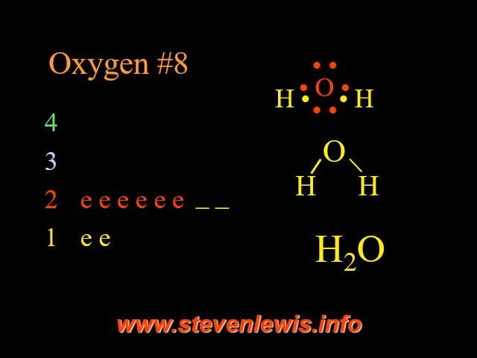By sharing electrons with 2 hydrogens, oxygen has achieved a more stable electron configuration. We can symbolize this as oxygen with a dash connecting it to each of two hydrogens. We can also write it as H2O, which is also referred to as dihydrogen monoxide, or more commonly, water.